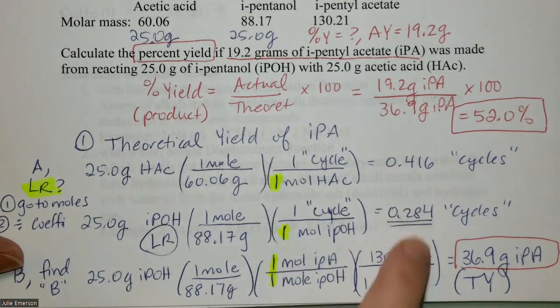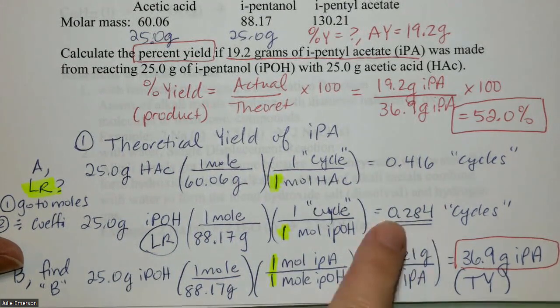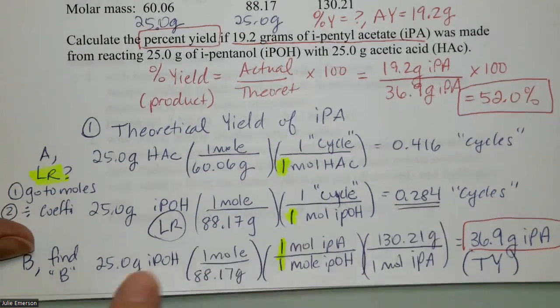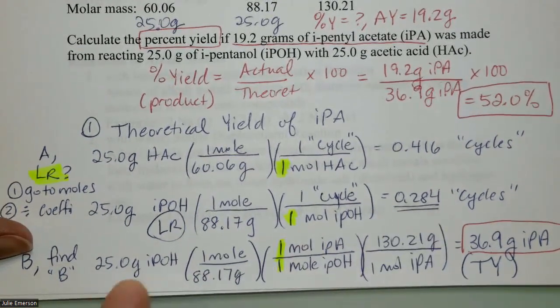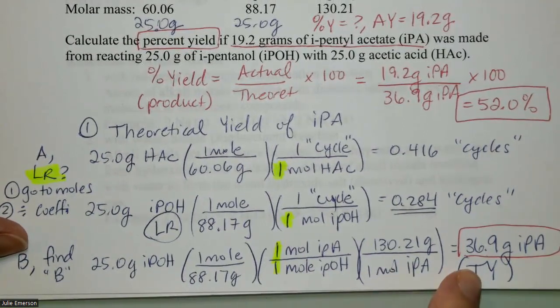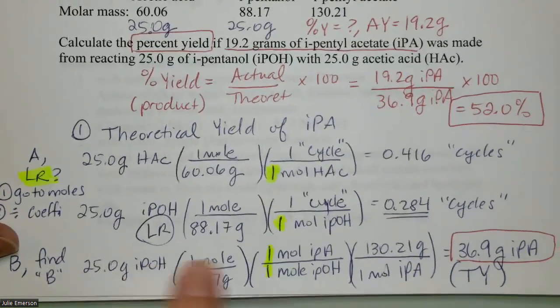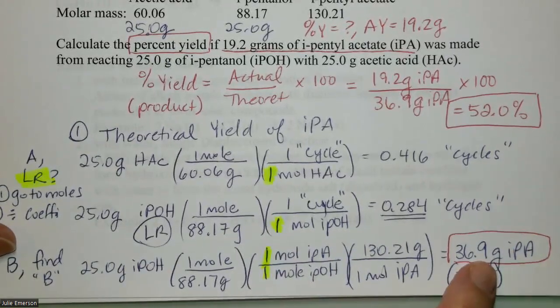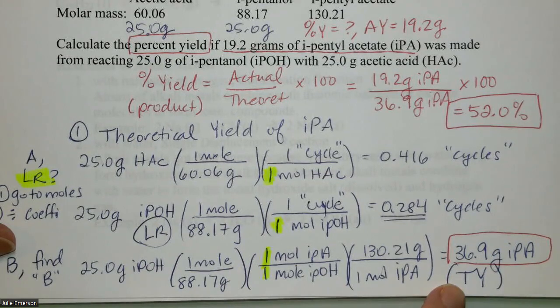But at this point, this tells us that the isopentanol will run out first because it just can't go as far. So now I know, since that's my limiting reactant, that's the A I want to start with to figure out my B. So I start with my mass of limiting reactant, convert that to my mass of product, theoretical yield, because it's based on perfect values.